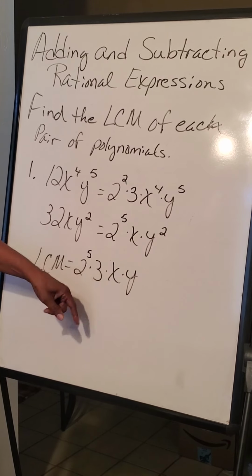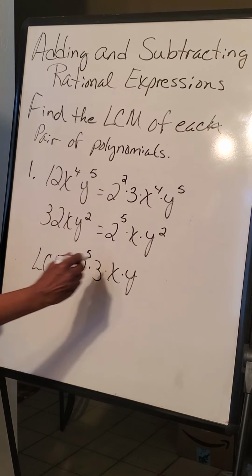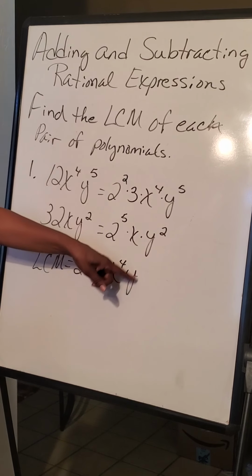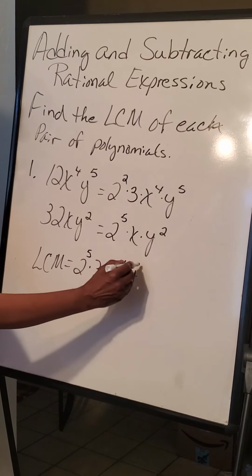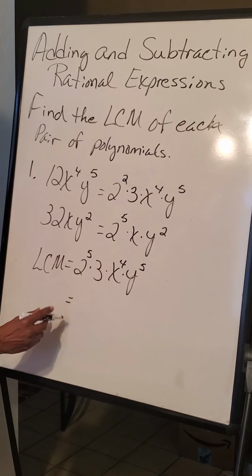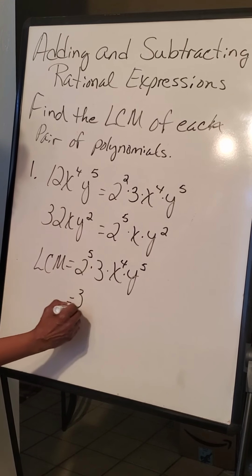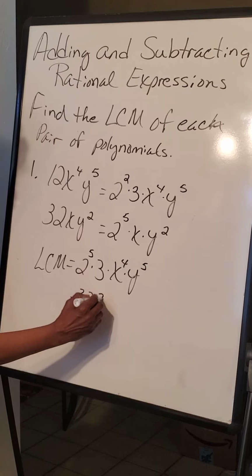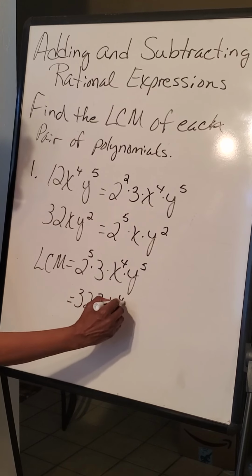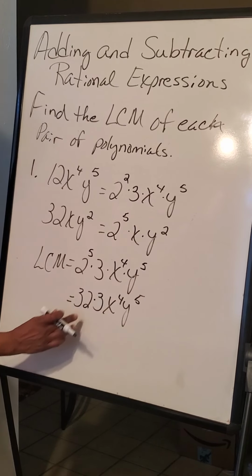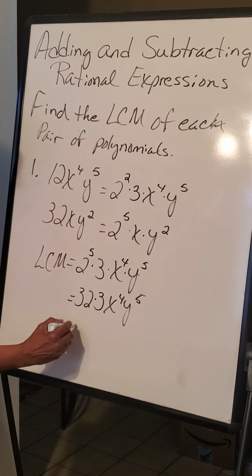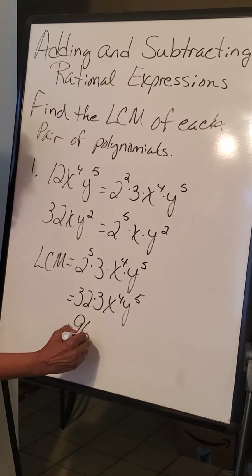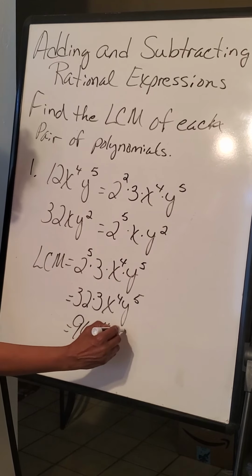The greatest exponent for x is a 4. And the greatest exponent for y is a 5. And as I simplify, 2 to the 5th is 32. So I get 32 times 3, x to the 4th, y to the 5th. 32 times 3 gives me 96, so I get 96 x to the 4th, y to the 5th.